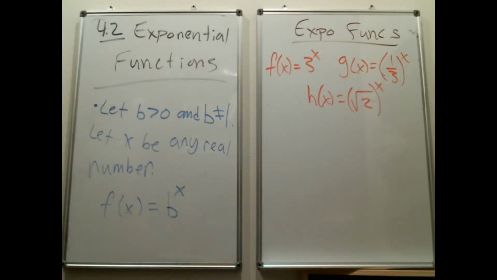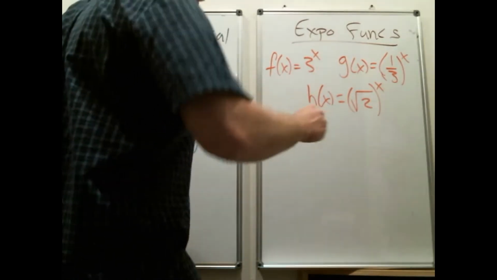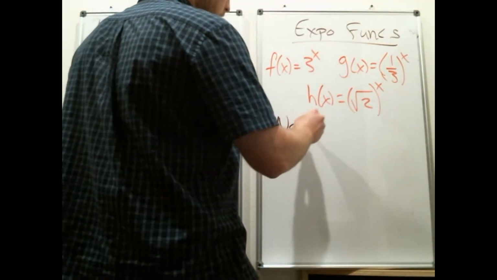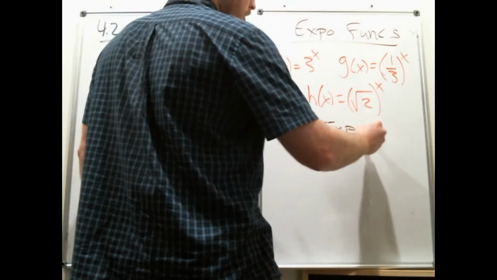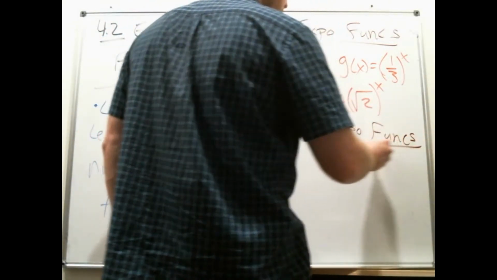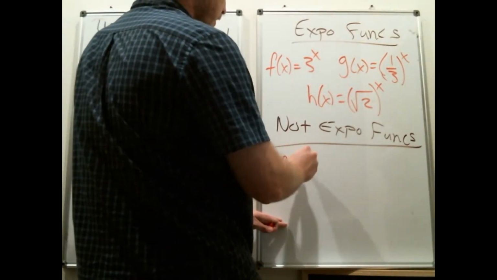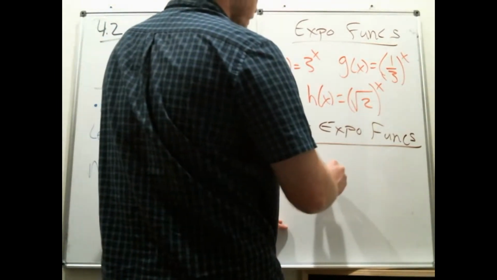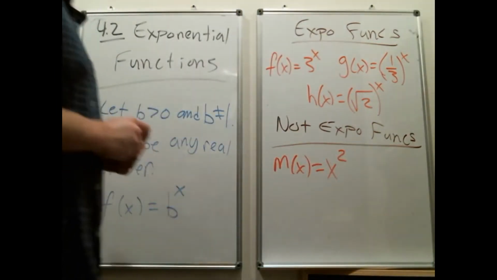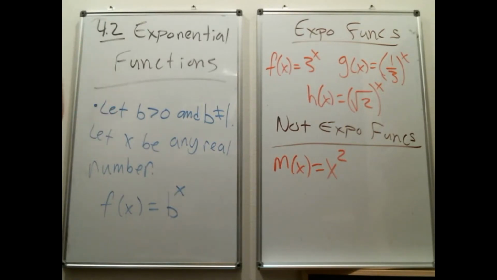Alright, some not exponential functions. Let's see if I can fit a couple of them in here. Not expo funcs. Let's call it m of x, and let's say this is equal to x squared. Now this is something we're used to seeing, something that we've dealt with quite a bit, but we need to see if it fits into our exponential function definition.